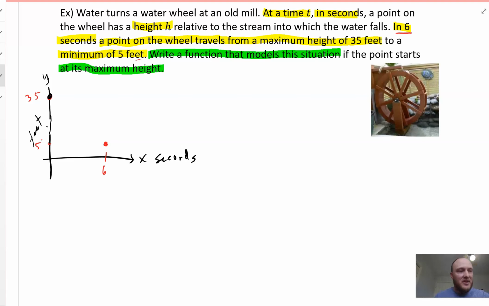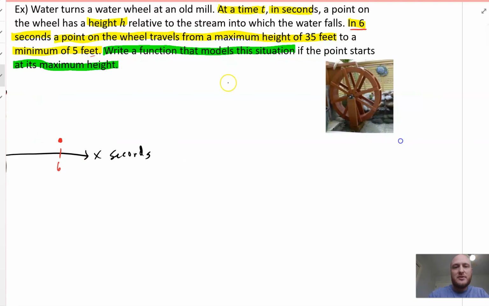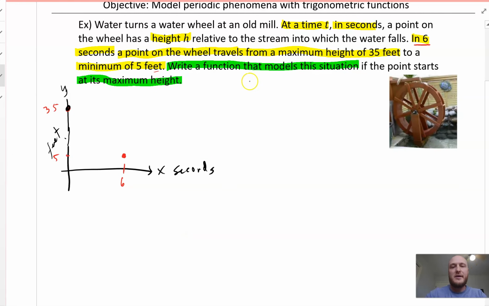Let's start dissecting this. What type of function are we going to use? Well, we're going to use cosine, because we're starting out at a maximum.